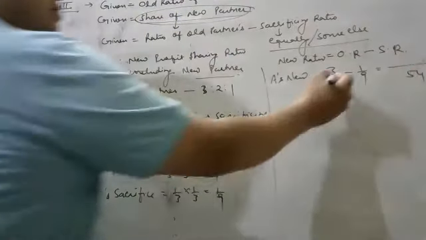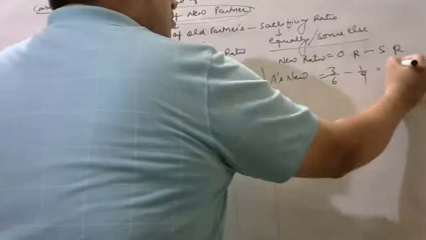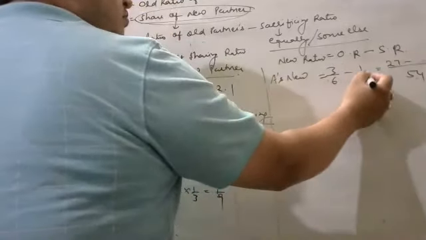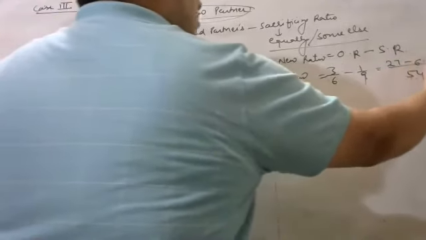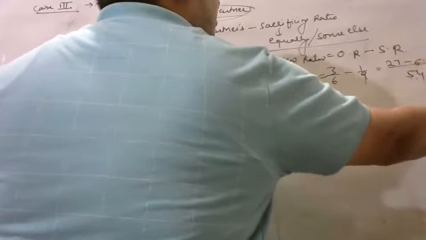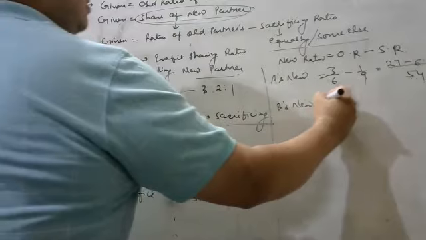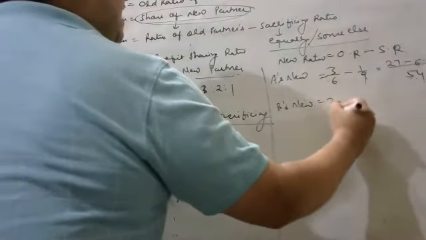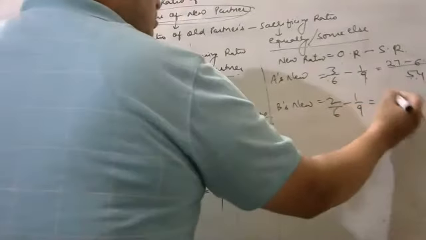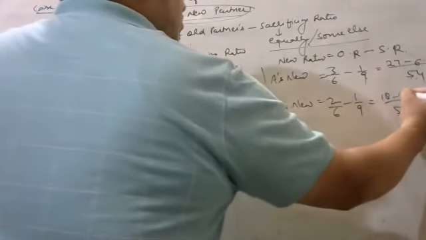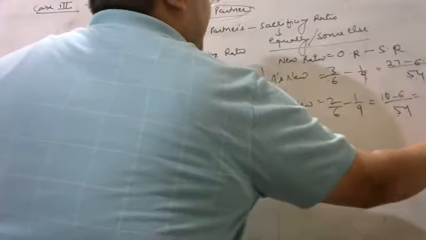अब अगर कॉमन निकालेंगे, 54, that is 27/54 minus 6/54, so 21/54. B का new क्या होगा? 2/6 minus 1/9, again 54, that is 12/54.